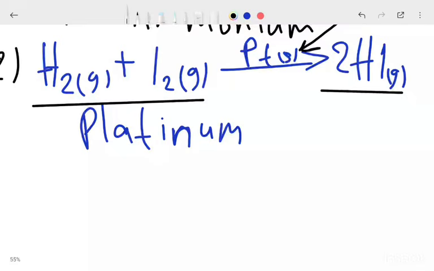Now, write this statement, it is very important.